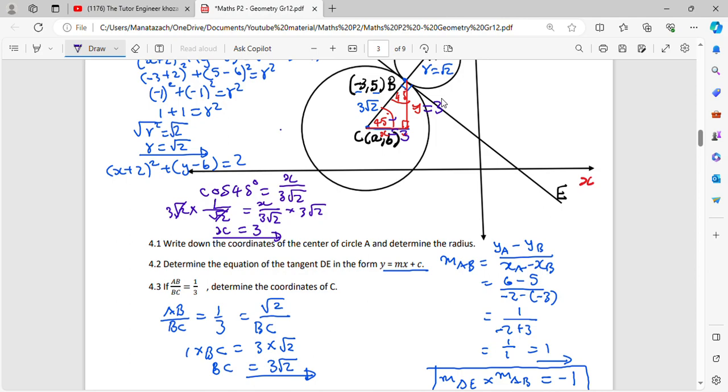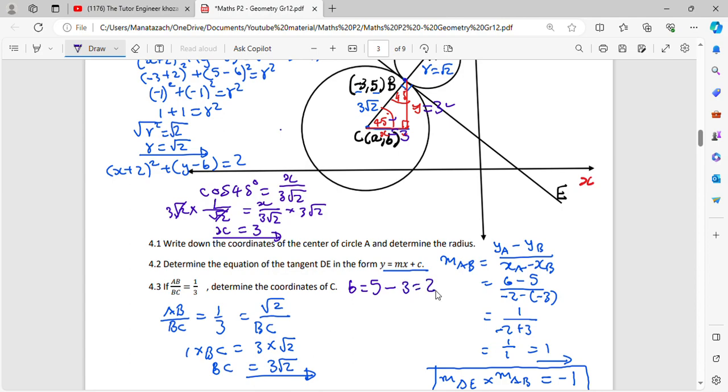Now we can find the coordinate of C. So the coordinate of C has the y coordinate of B. Since the y coordinate of the capital letter B is 5, you can just subtract 3, the y that you calculated. Then you'll have 2.